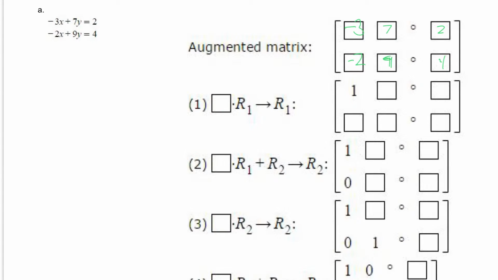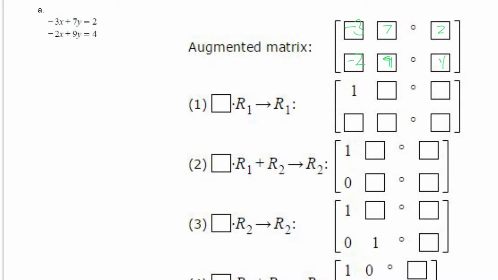It's going to show you what you need to do. In this first one, it's saying we need to multiply some number by row 1 to replace row 1. In the back of our mind, we want this first number to end up being a 1. So what can we multiply negative 3 by to make that first entry a positive 1? We can use the reciprocal.